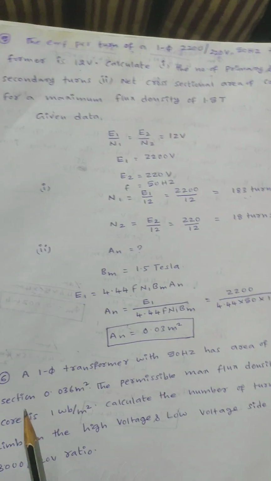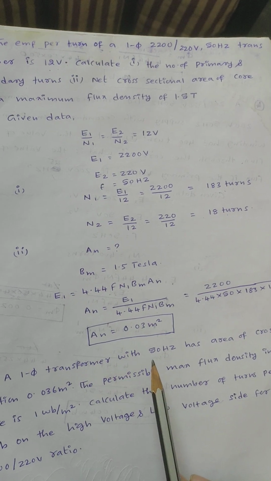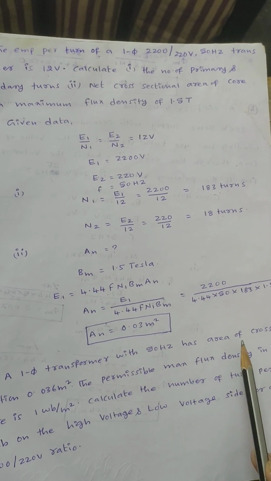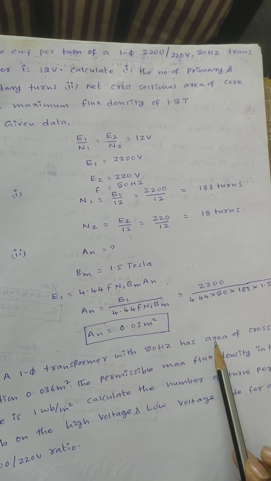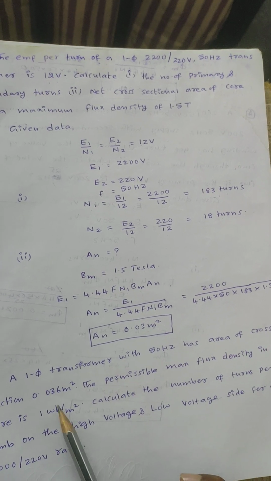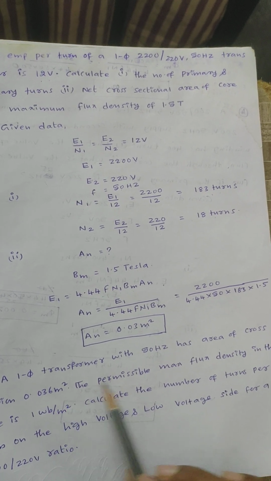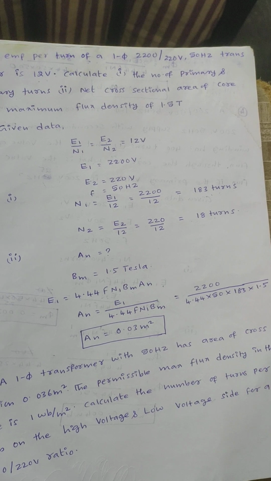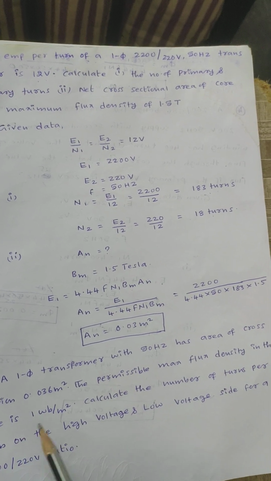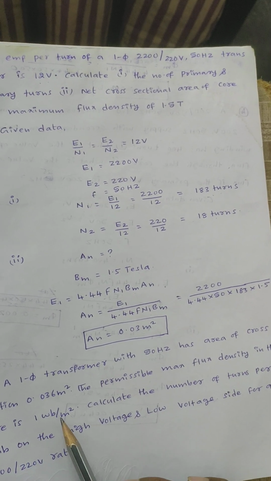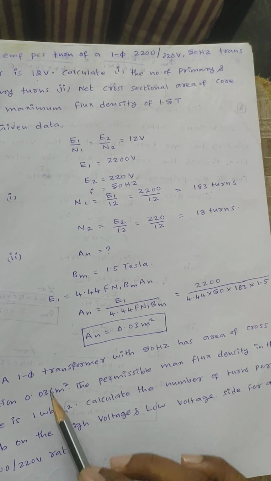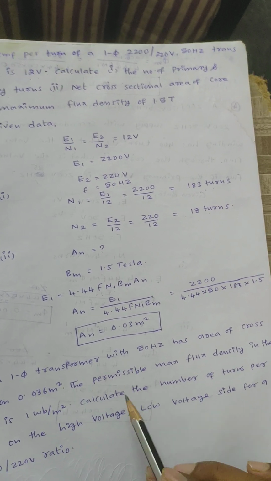Similarly, last problem: a single phase transformer with 50 Hz. That means the frequency is given, and it has an area of cross section 0.036 meter square. The permissible maximum flux density in the core is 1 Weber per meter square. That means the area, B maximum and frequency are given.